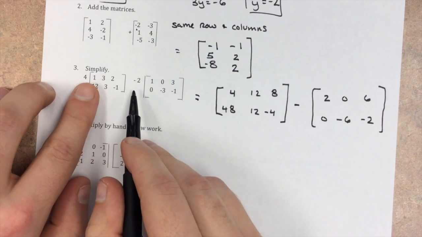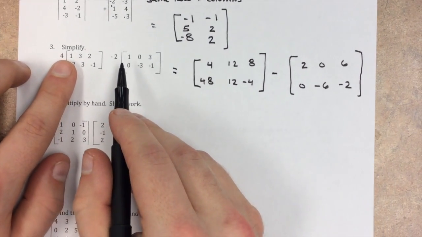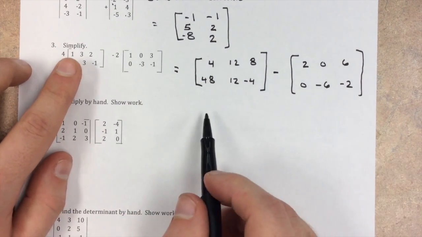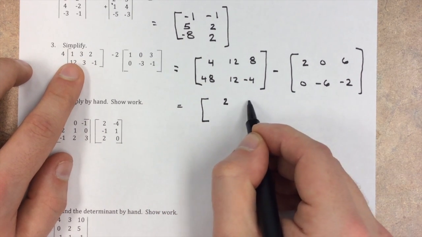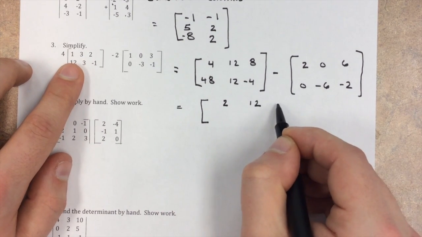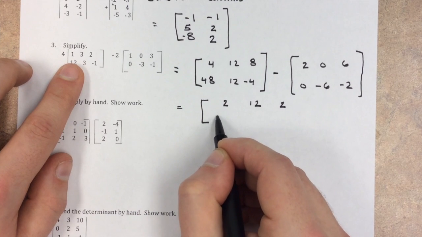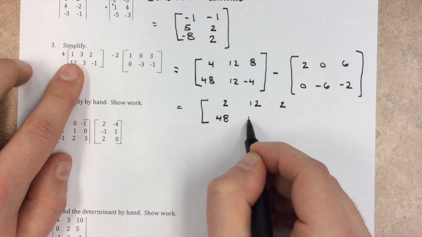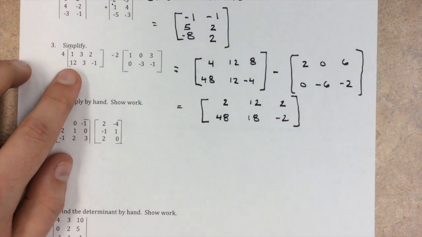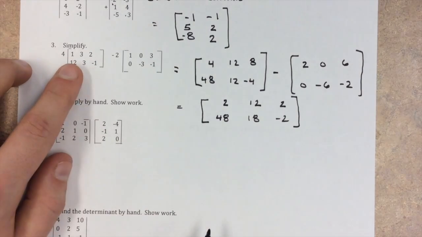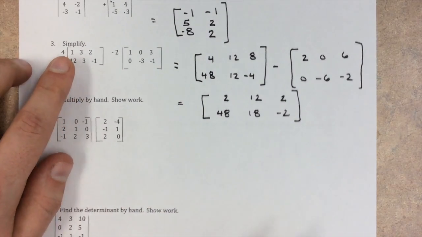Now that I've distributed these numbers, let's get that on the screen, I'm just going to subtract these. So by subtracting, I get 2, 12, 2, 48, 18, negative 2. So if I ask you to simplify, I want you to show these steps.